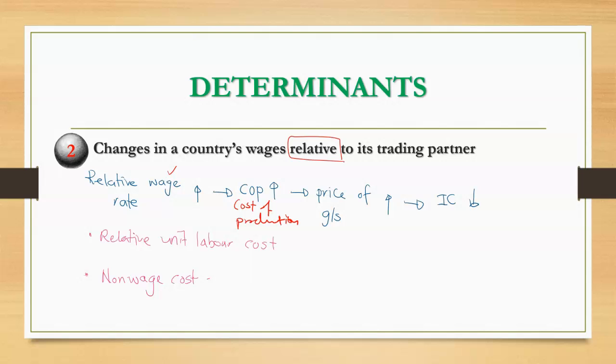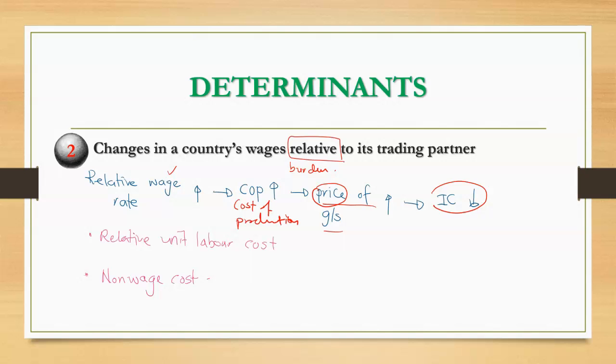If our cost of production is higher, then producers most likely will pass the burden down to consumers by changing price. So if our cost of production is higher, of course, the price of our goods and services would be higher. In that case, you are looking at a higher price level, then your international competitiveness level would reduce.